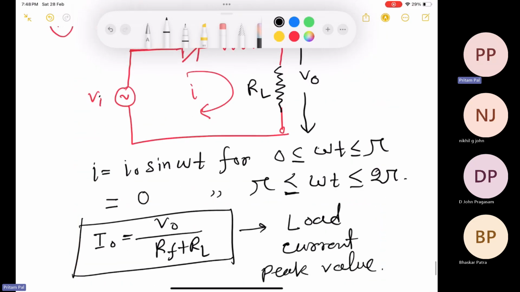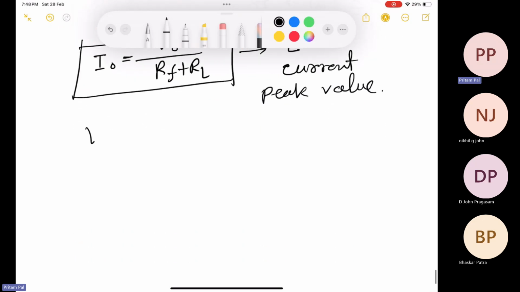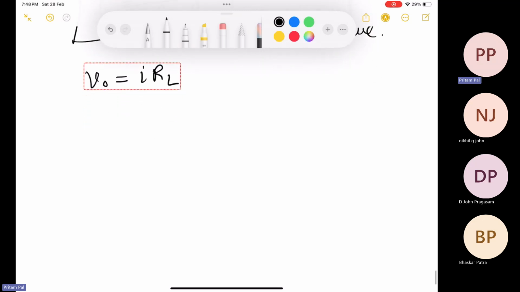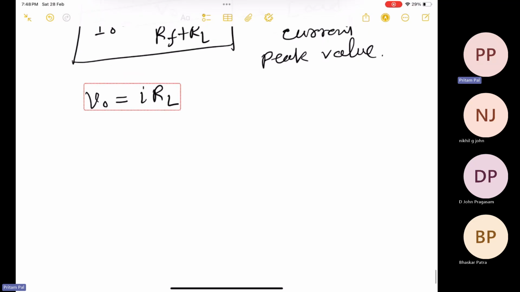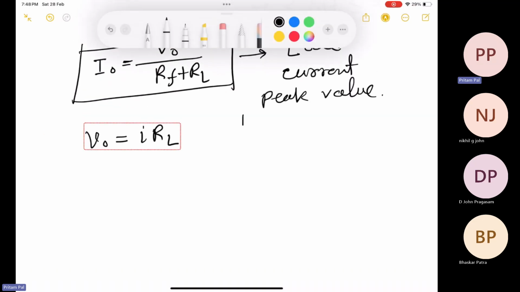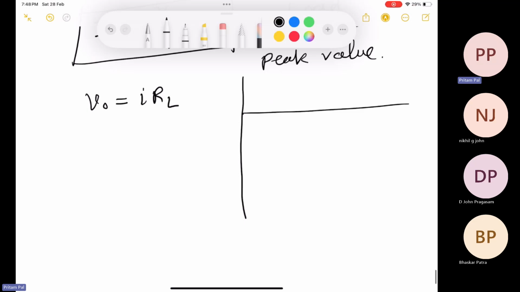Input voltage is Vi. So output voltage, sorry, is I RL. Let me draw the corresponding schematic. Plus, minus, 0, pi, 2 pi, 3 pi, omega t.